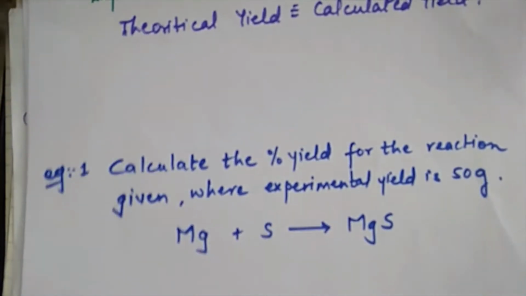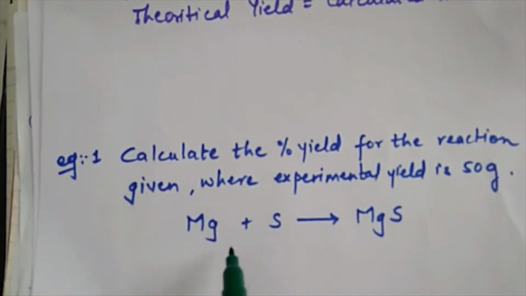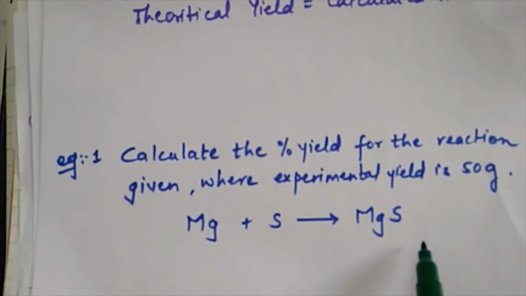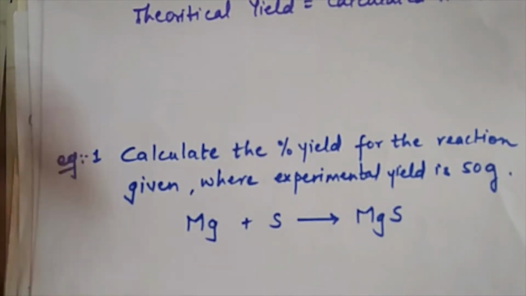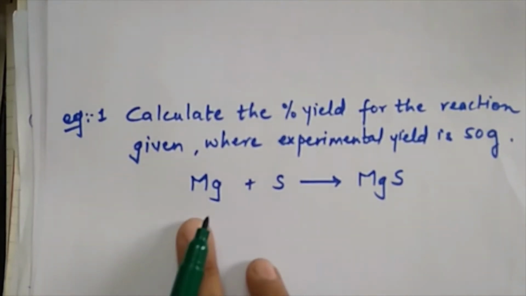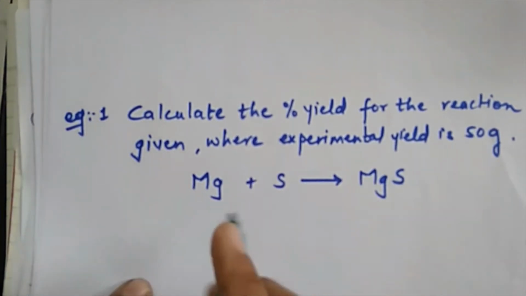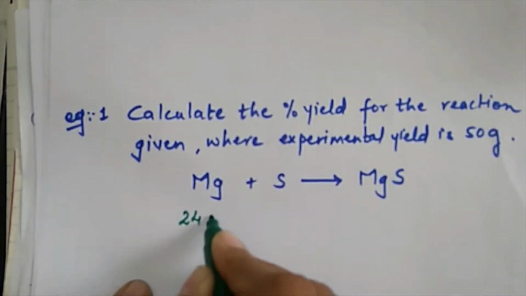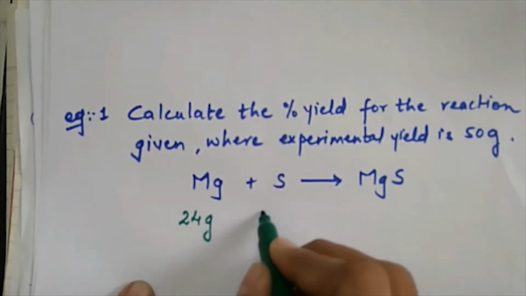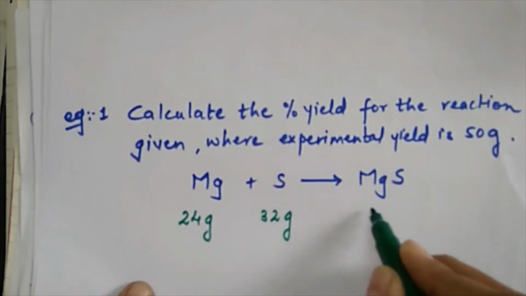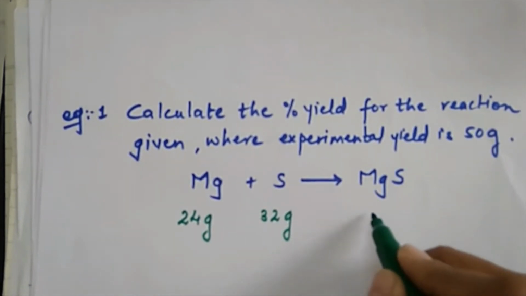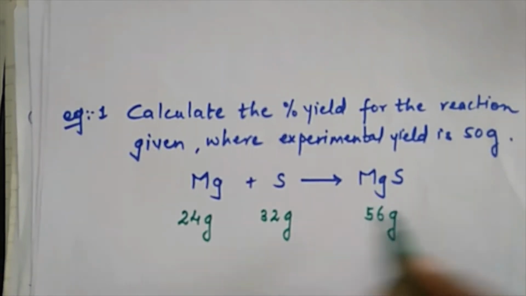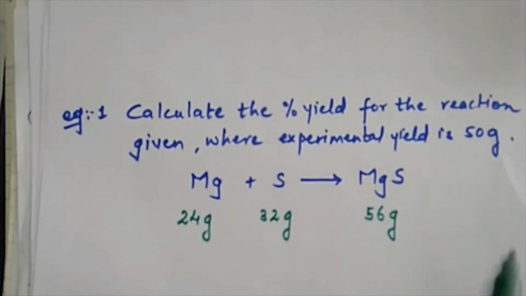Now in this reaction, Mg plus S gives MgS. First thing is we need to know the atomic mass: Mg is 24 grams, sulfur is 32 grams, and magnesium sulfide that is obtained is 56 grams. We know this is 24 plus 32, so 56.